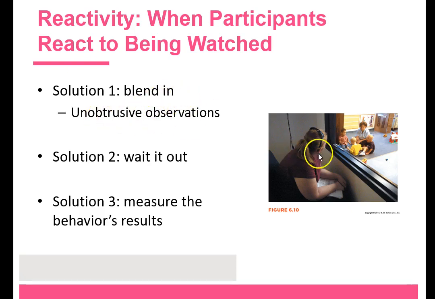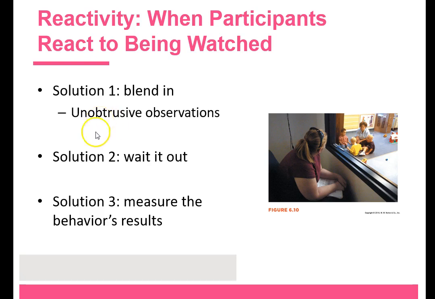So you can see here we've got someone looking through a one-way mirror. And so that's a very unobtrusive way, particularly with children who aren't yet familiar with the idea of a one-way mirror, or blending in to the surroundings, taking measurements like you were doing for the cell phone study at an intersection where people didn't even know they were being observed.